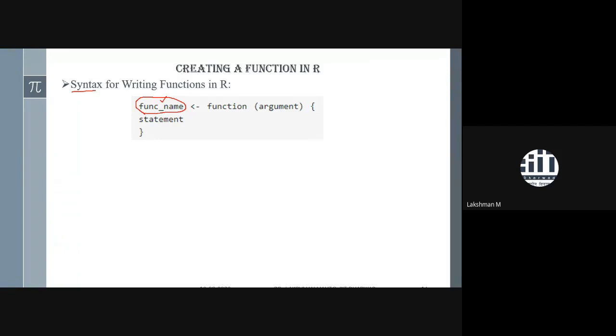But since you are going to define a function, the term function must come here. Then you have to consider the arguments. What kind of argument are you willing to take? Suppose you are going to define a function of one variable, then there would be only one argument. By default, in a function of one variable, x is considered as the argument.